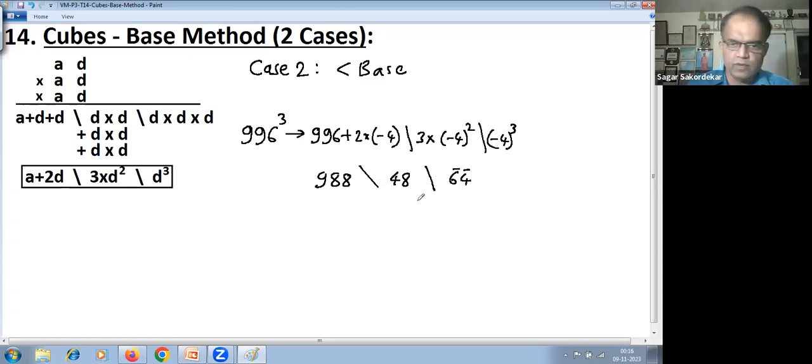So here we have to put 0 because the base here is 1000. So both of these should be 3 digits because the base here is 1000. 988048, 0, 6 bar, 4 bar.